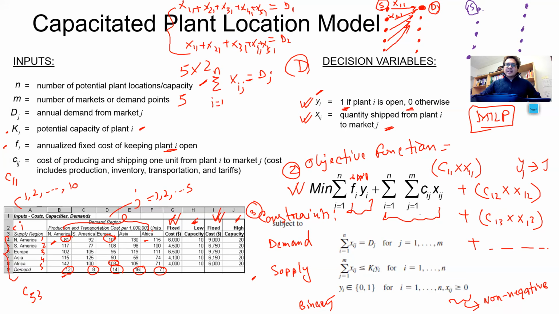Now, each supply location can serve all the 5 demand locations.